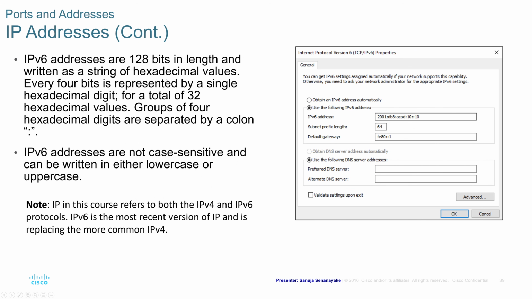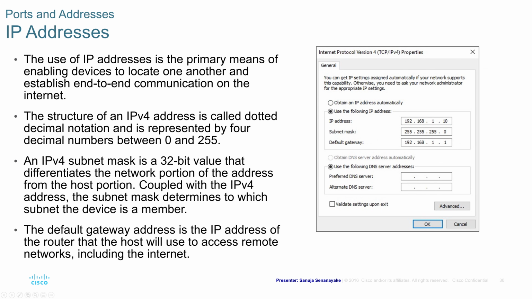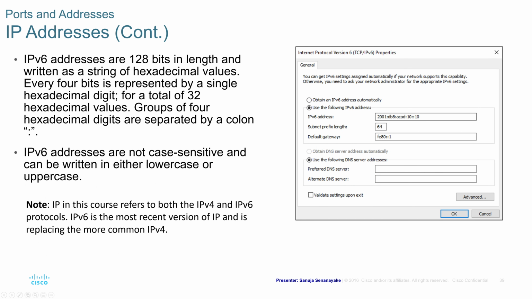This will show up on quizzes with the Cisco NetAcad Academy or Cisco exams that you will be taking with this particular course. So remember, IPv4 is the 32-bit version, and IPv6 is the 128-bit version, and it has more addresses than IPv4.